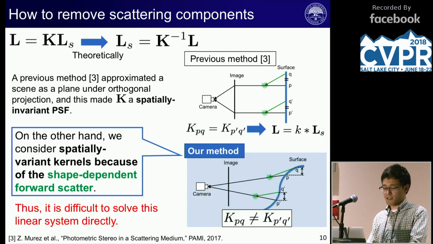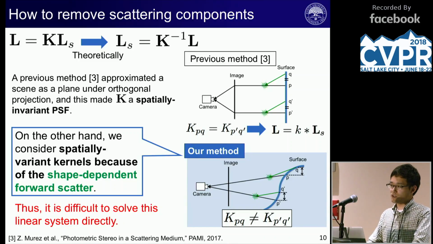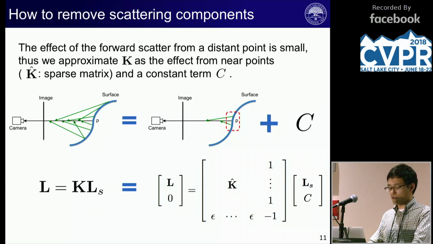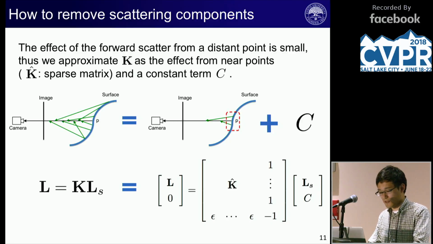On the other hand, we consider spatially variant kernels because of the shape-dependent forward scatter. So it is difficult to solve the linear system directly. So to address this problem, we approximate the matrix K as a sparse matrix.